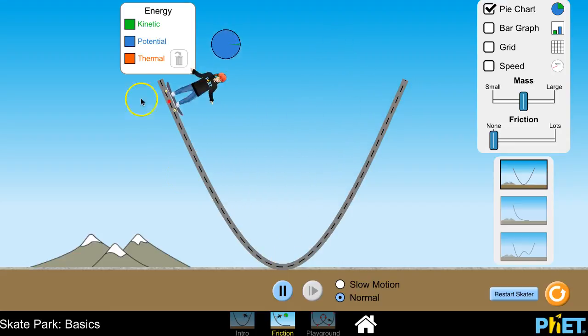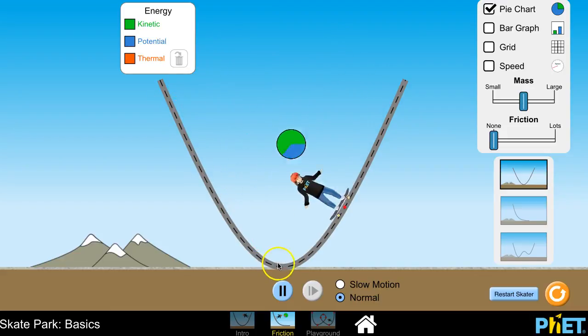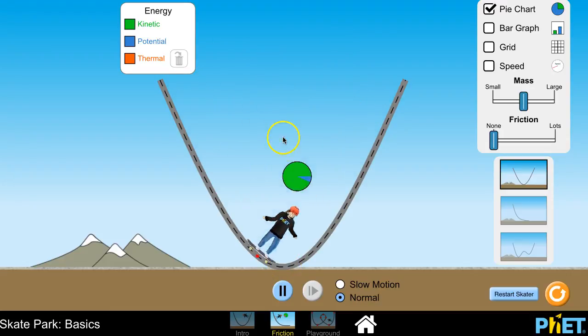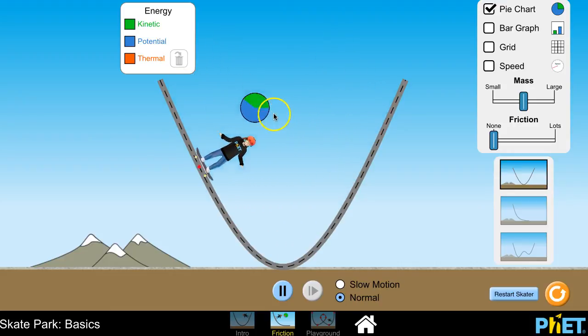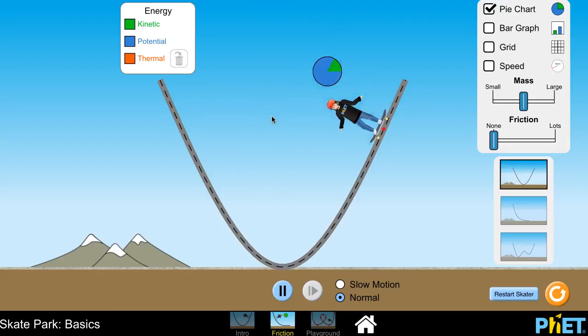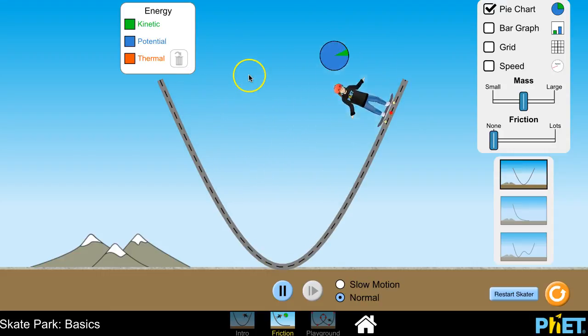You can also see at the highest points all the green is gone because at those points where she's turning around, the kinetic energy is gone, there's no more velocity, and it's all green when it gets to the bottom because that's where she's moving the fastest. So what you're seeing here is a transformation between gravitational potential energy and kinetic energy. You can see them transforming back and forth. We can use the pie chart to illustrate these transformations, and we'll be doing that in class.